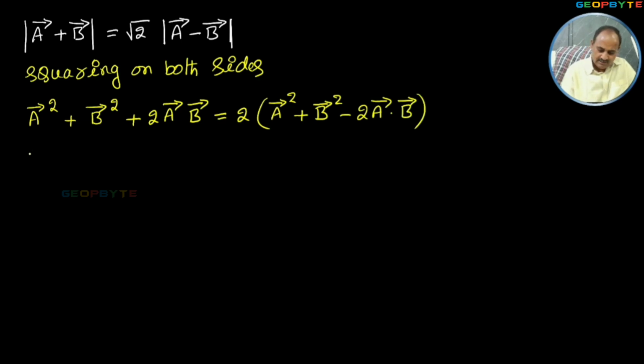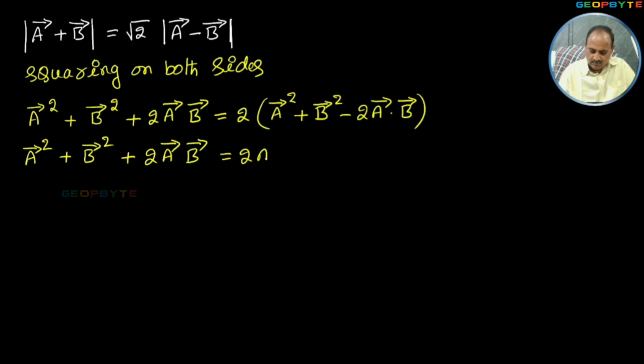Okay, let us simplify it. A bar square plus B bar square plus 2 A bar dot B bar is equal to 2 A bar square plus 2 B bar square minus 4 A bar dot B bar. Now let us simplify it.